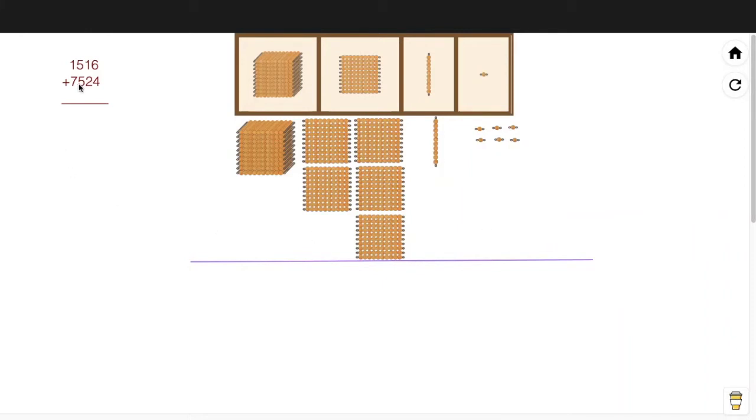Make sure you look at the bottom number, and we'll start with the ones. Jaya, how many ones do we need on the bottom number? Do you see right here where my mouse is? How many ones do we need? Right here. What number is this?